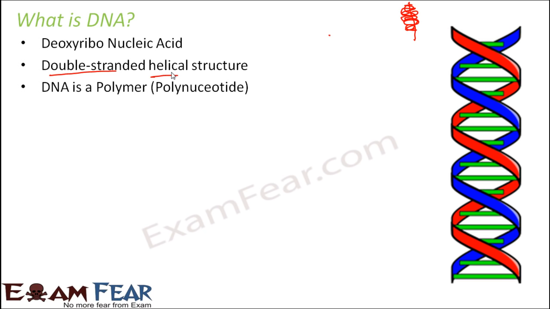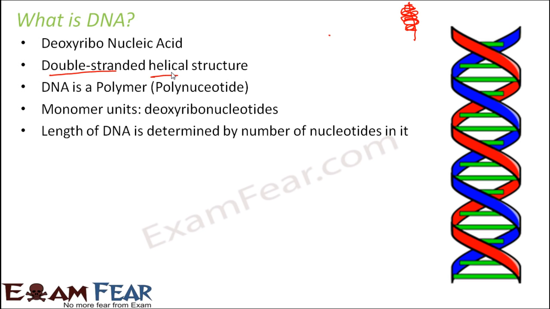The word poly means many. So polymer means many monomers. Similarly, polynucleotide means many nucleotides. So we will see what is a nucleotide and all those stuff. So here the monomer units are deoxyribonucleotides, as I said. So many similar units will join together to form the entire polymer.